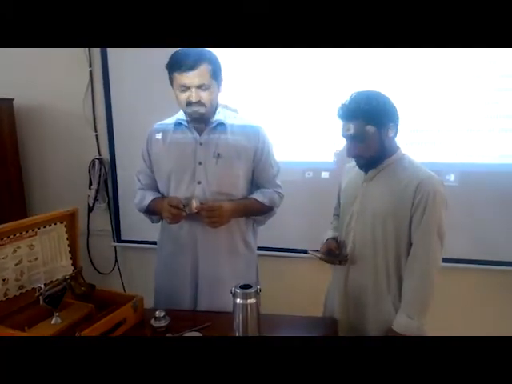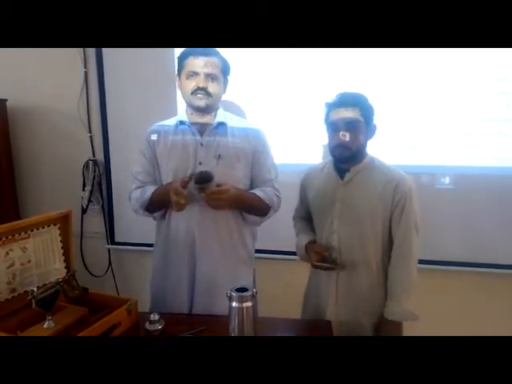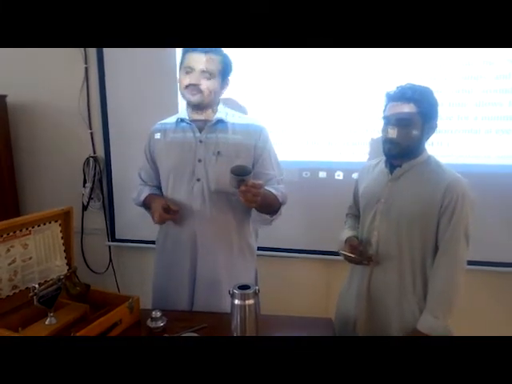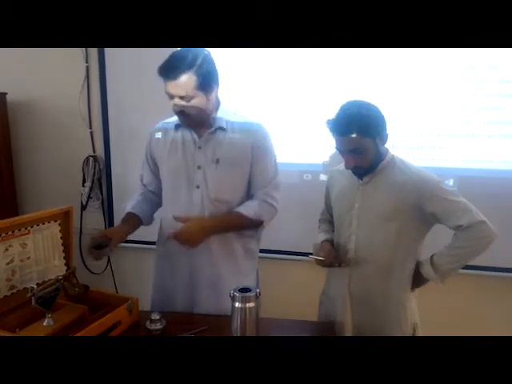Okay guys, so let us perform this procedure practically. This is a wet soil sample inside this container. Now I am supposed to put this soil sample inside the beam balance, like this.